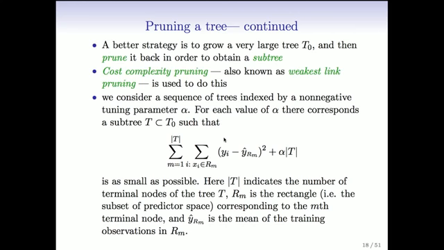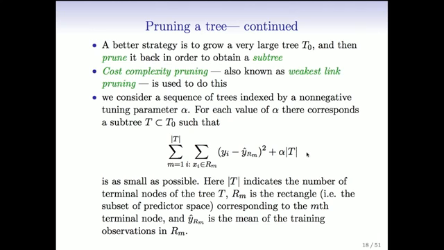So we want a tree which has small variance, but we also want to counterbalance the size of the tree. So we put a penalty on the total number of nodes in the tree with a penalty parameter alpha, which we'll estimate by cross-validation. Again, this is very much like the lasso, where we had a sum of squares of regression, and we penalized the sum of the absolute values of the coefficients, which is complexity.